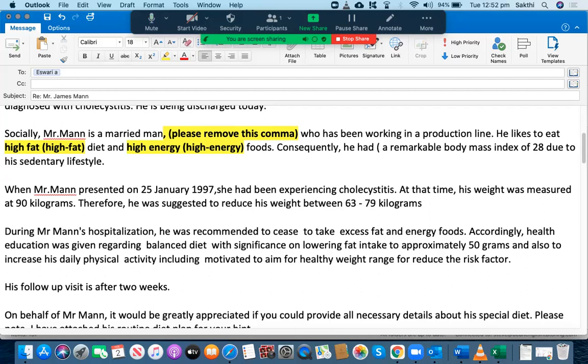But we have no idea whether it's going to happen again or not. So he should have used he has had. He has had a remarkable body mass index of 28 due to his sedentary lifestyle. That's good.